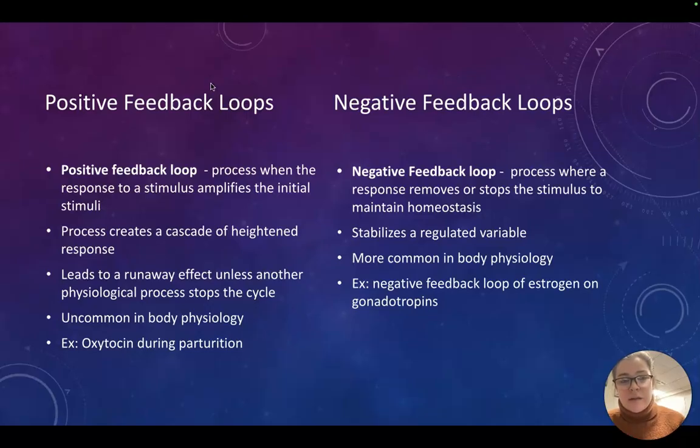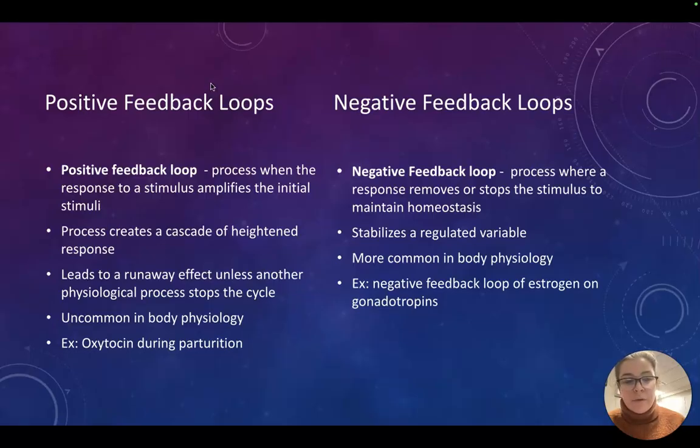So it creates this cascade of A heightening B, leading to a runaway effect that will just keep ramping up unless another physiological process stops that cycle. It's less commonly occurring in the human body as opposed to negative feedback loops.